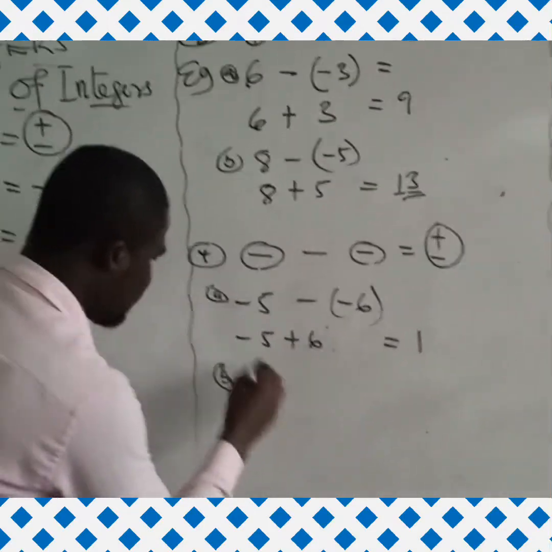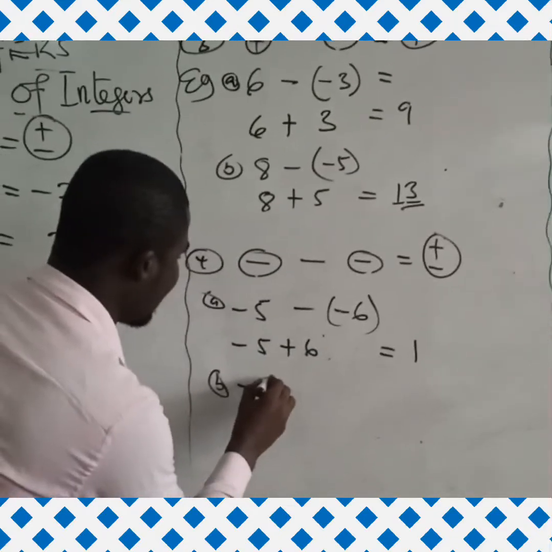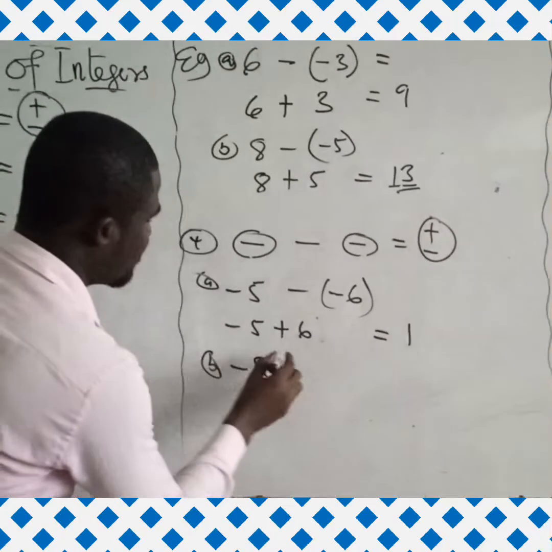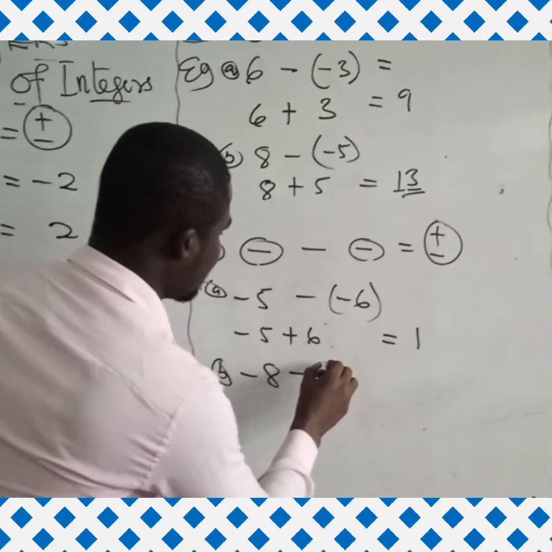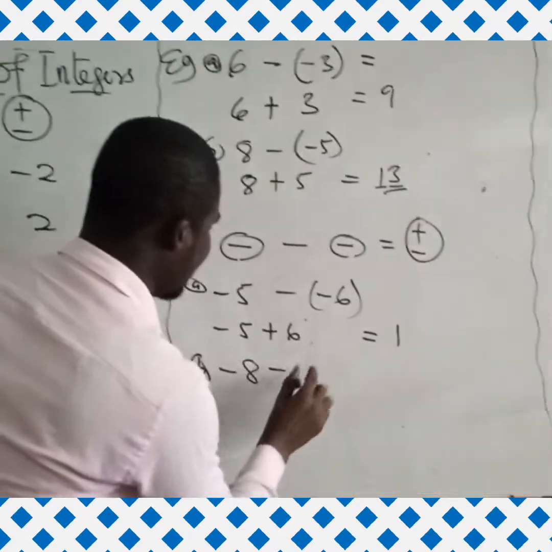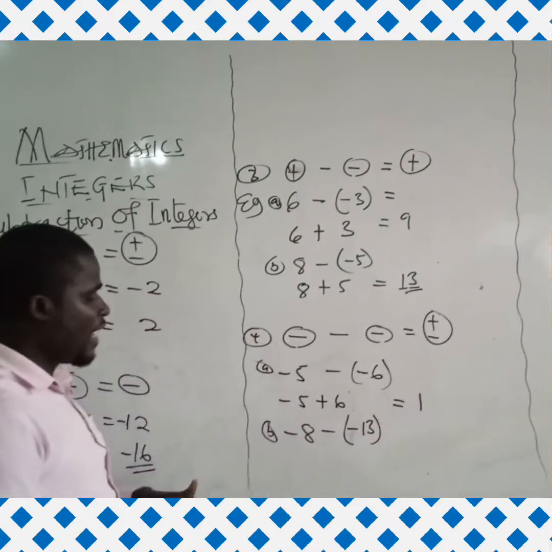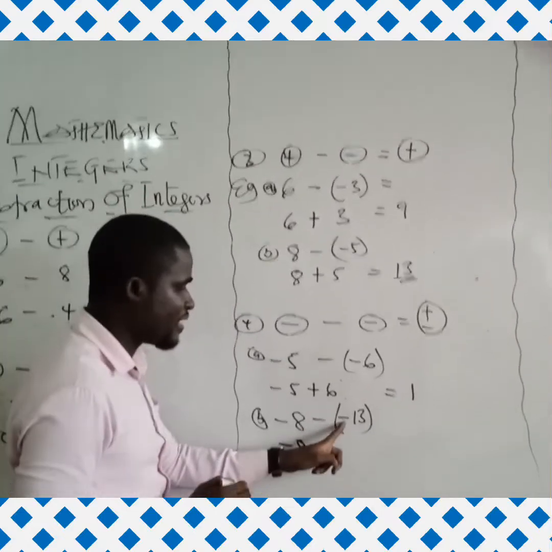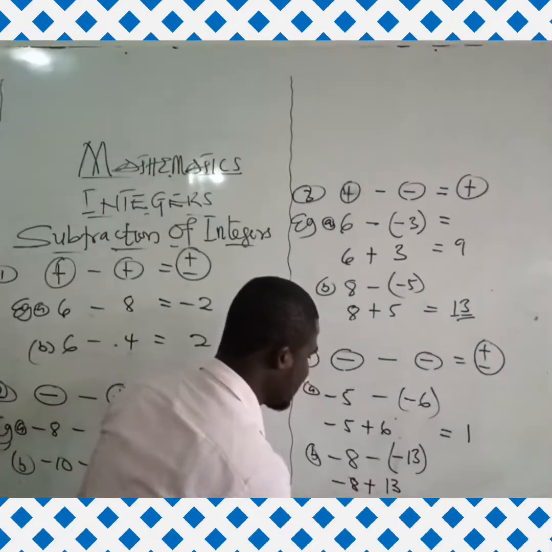Good. Now, let's try example B. If I have negative 8 minus negative 13, I'm going to have negative 8, negative to negative will give us positive, plus 13.